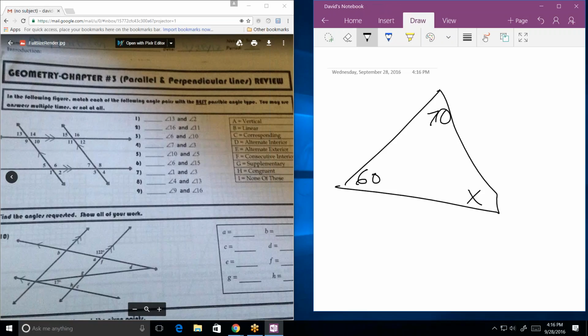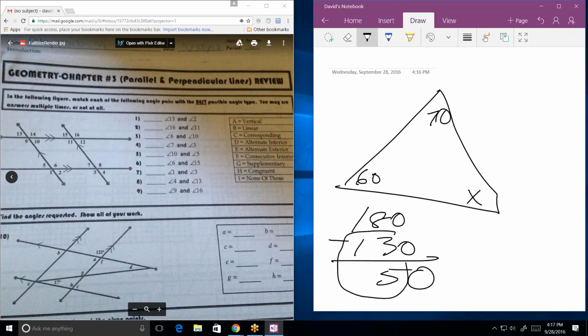Well, I know that the three of these have to add to 180. So I'm basically doing 180 minus 130. Now that's 50. And notice those two numbers add to 18. That's because I've got nothing but zeros over here. If I have anything but zeros, then they're going to add to 17.